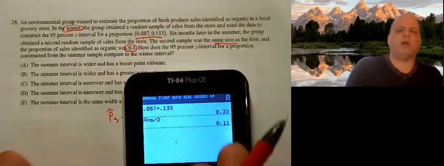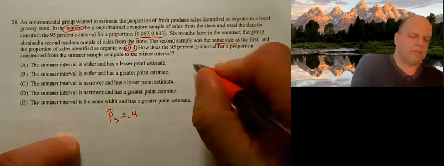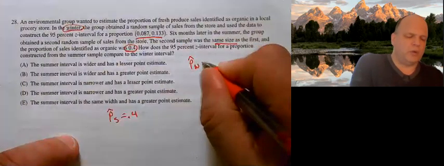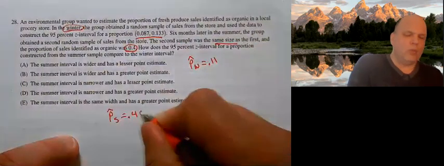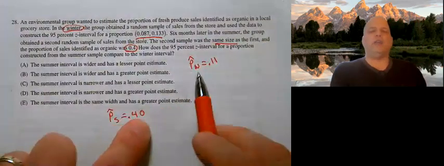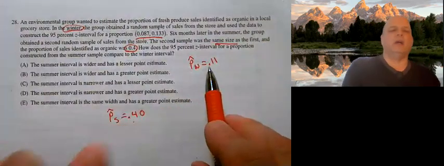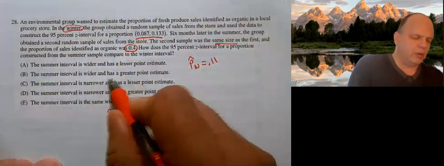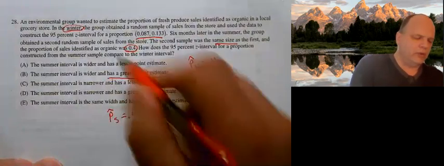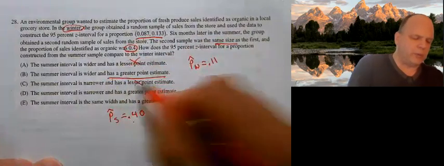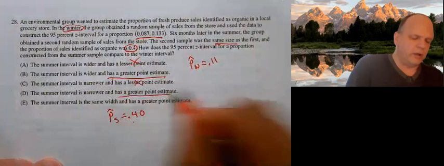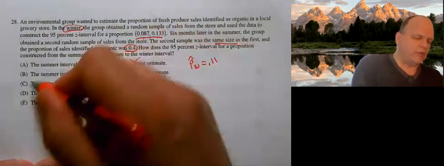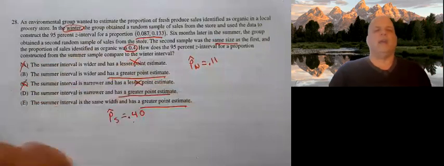And the p hat for my winter is 0.11. P hat W equals 0.11. Well, clearly the summer had a greater point estimate. So this is wrong. Lesser point estimate, greater, and greater. Okay, so we've gotten rid of a couple answers. We've gotten rid of C and we've gotten rid of A.